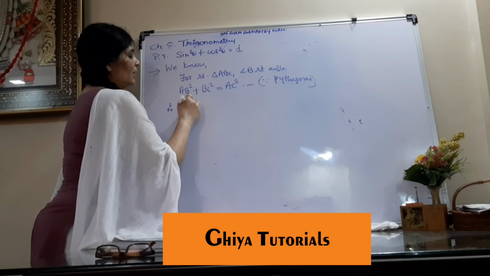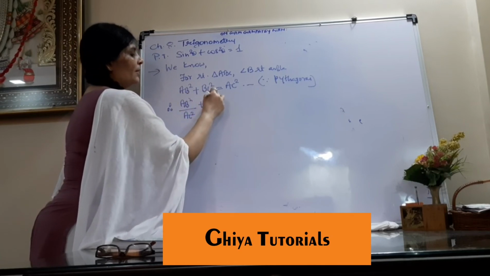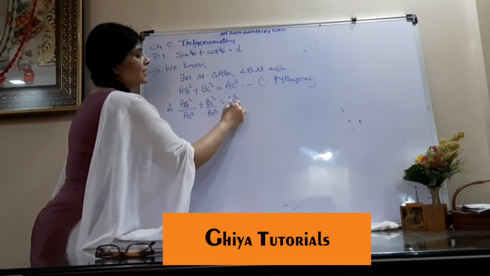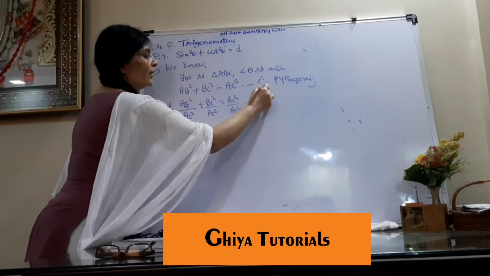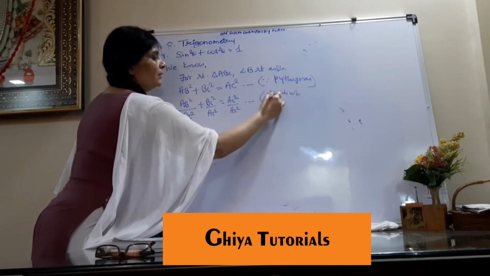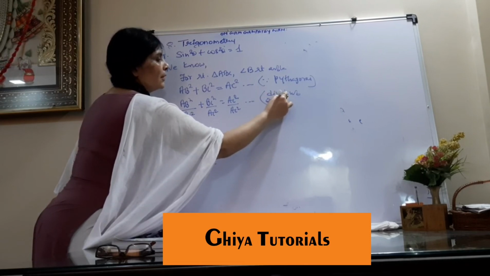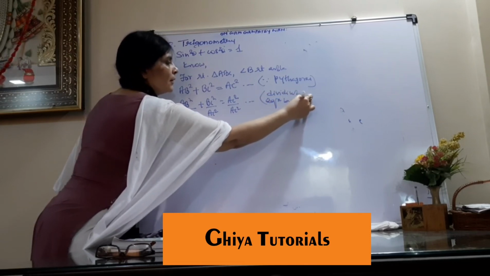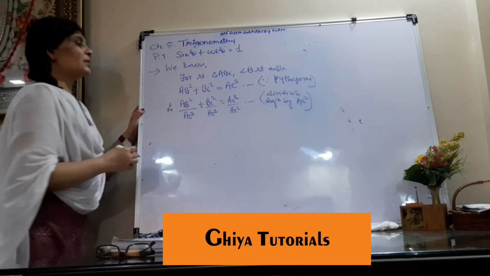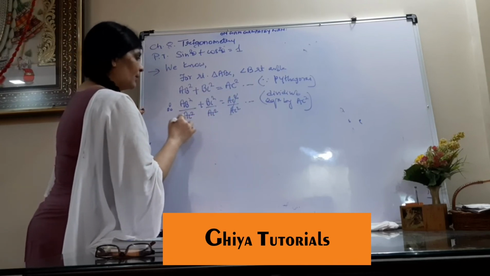Therefore, AB square upon AC square plus BC square upon AC square equals AC square upon AC square. What I have done? Dividing the equation by AC square. I have divided the whole equation with AC square. Here AC square gets cancelled.